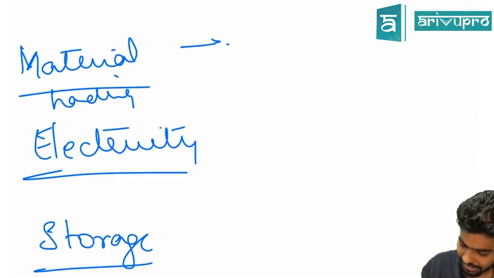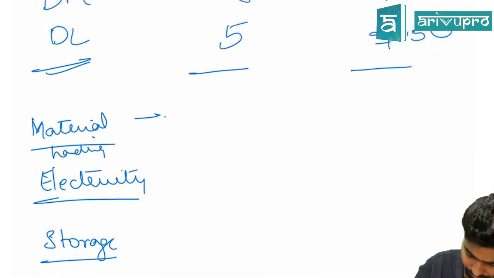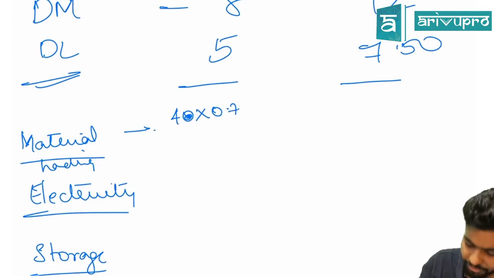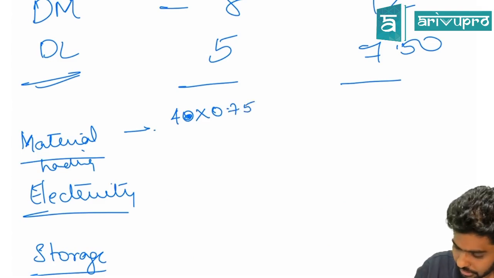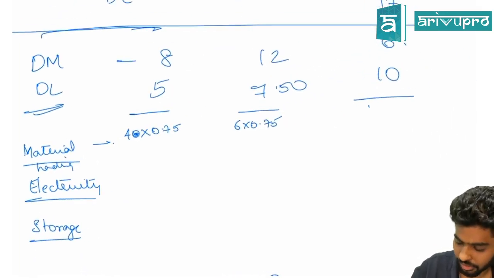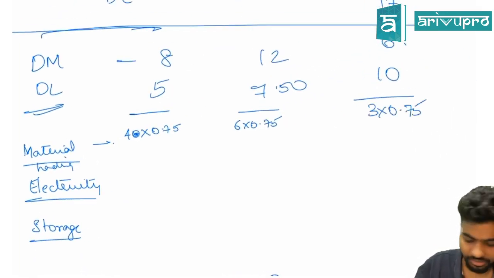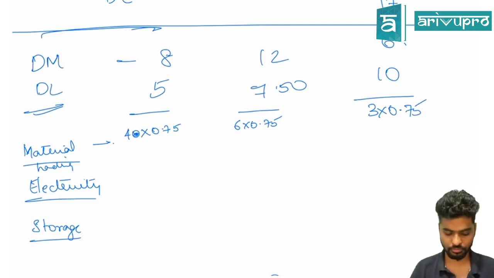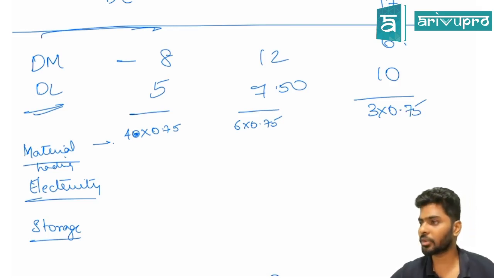So can I say material handling will be 4 into 0.75, 6 into 0.75, 3 into 0.75. Guys, are you clear?